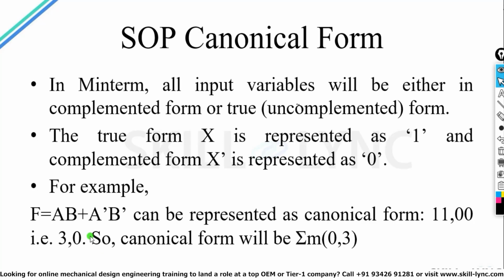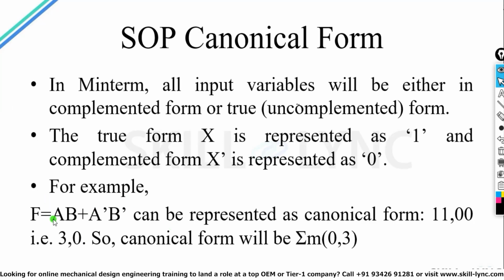For example, it is a two variable function, ab plus a bar b bar, that they have given. If someone asks you what the min terms are, they are ab and a bar b bar, meaning 1 1 and 0 0. When you take the logical sum of these min terms in the form of a function, it becomes a canonical form. Individually, they are known as min terms, but when you take the logical sum of all the min terms, it is known as the canonical form.